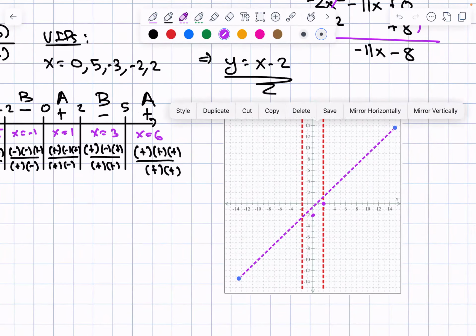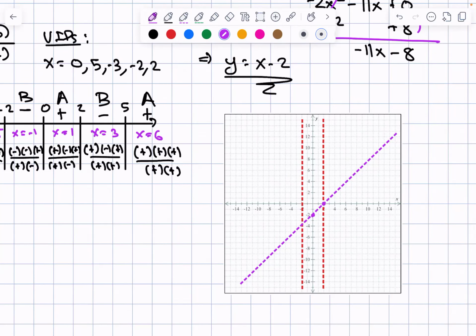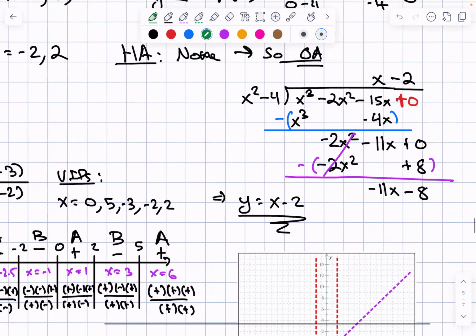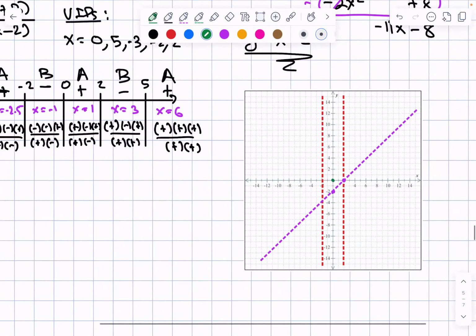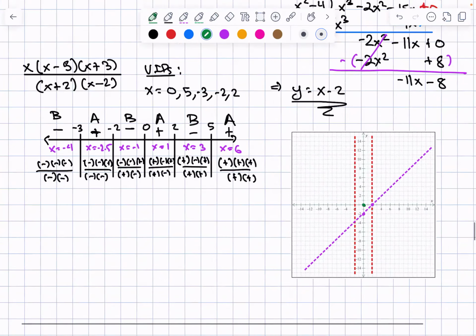And I'll move it down. That's pretty good. Next, I'm going to start plotting all my points. So I had x-intercepts at 0, at 5, and at -3 right there.